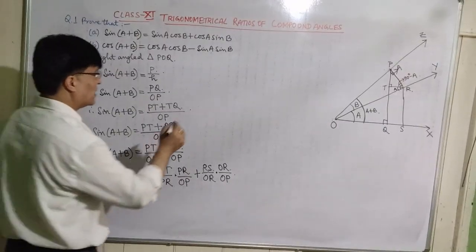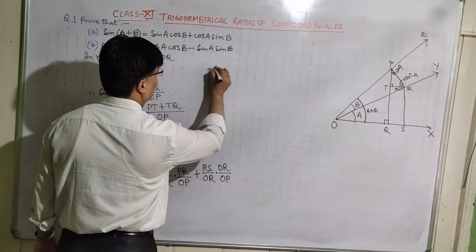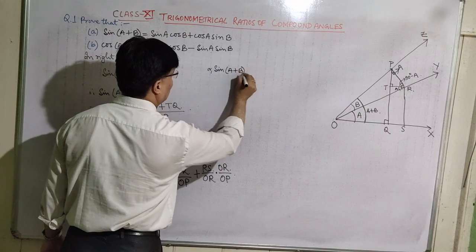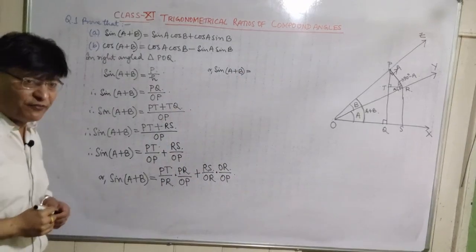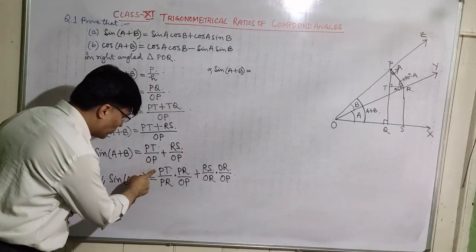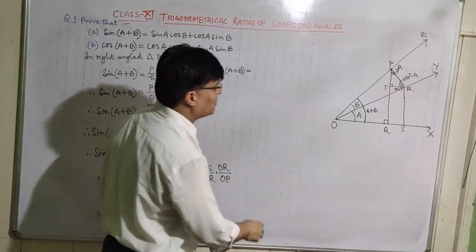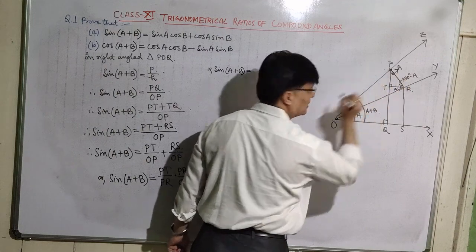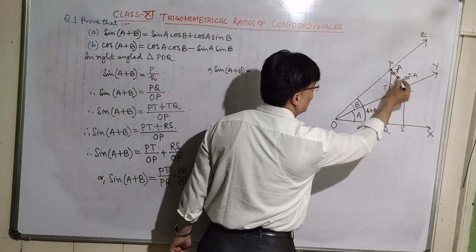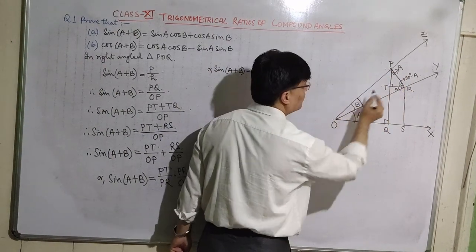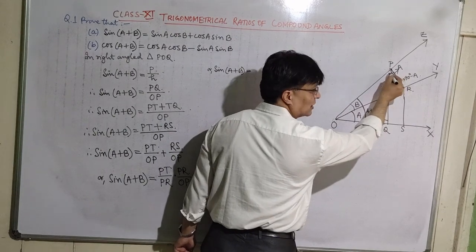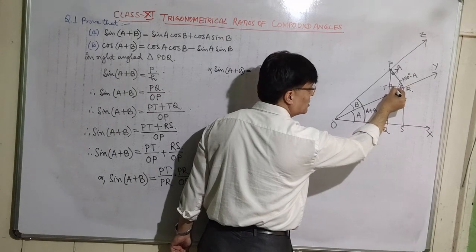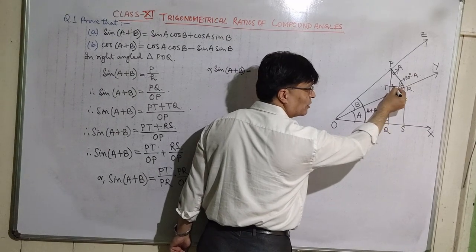Okay, so let us write here now, sine of A plus B is equal to. Now in the figure, what is PT by PR? Here PRT is a right angle triangle. Here angle A is considered. The side opposite to the angle A will be the perpendicular.